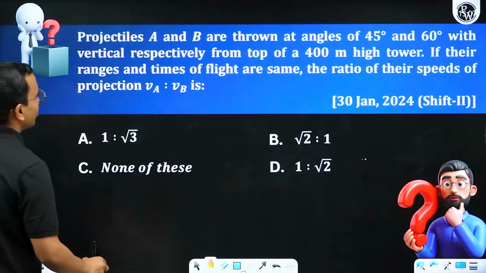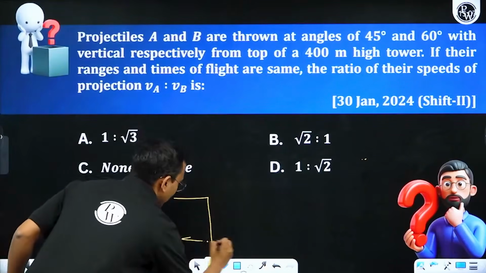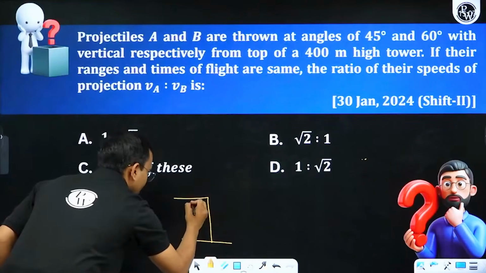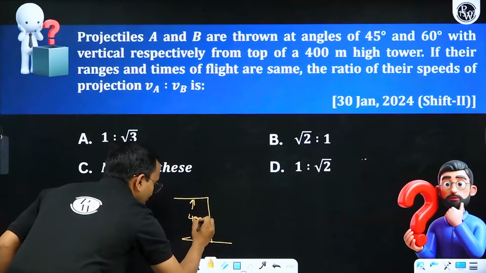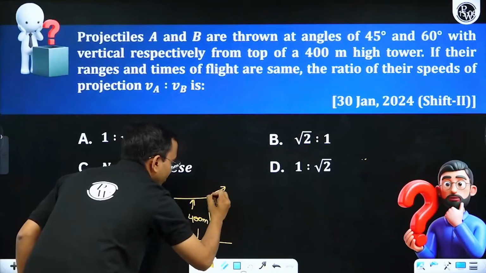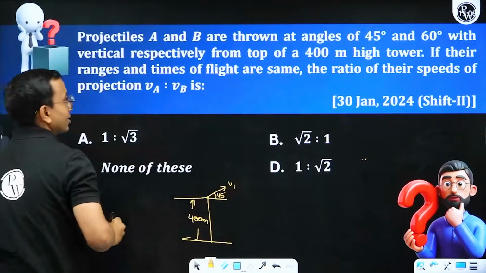Here it is saying two projectiles A and B are thrown at an angle 45 degree and 60 degree from vertical from top of 400-meter high tower. So one is 45 degree. Let us take this as V1. Another is 60 degree.